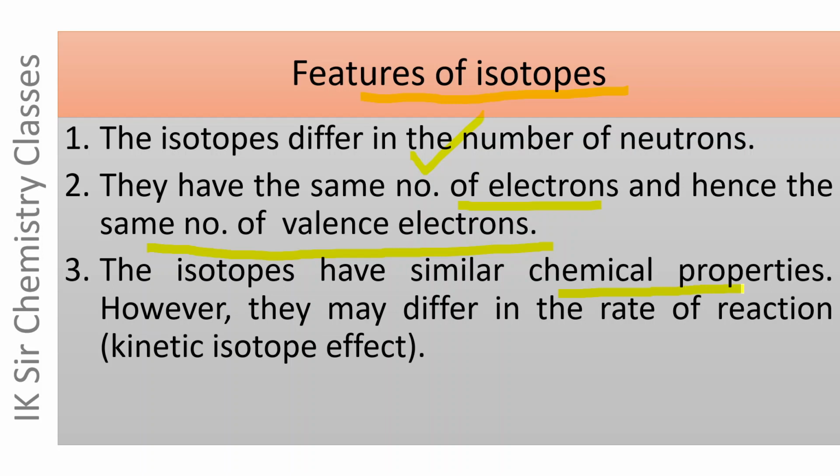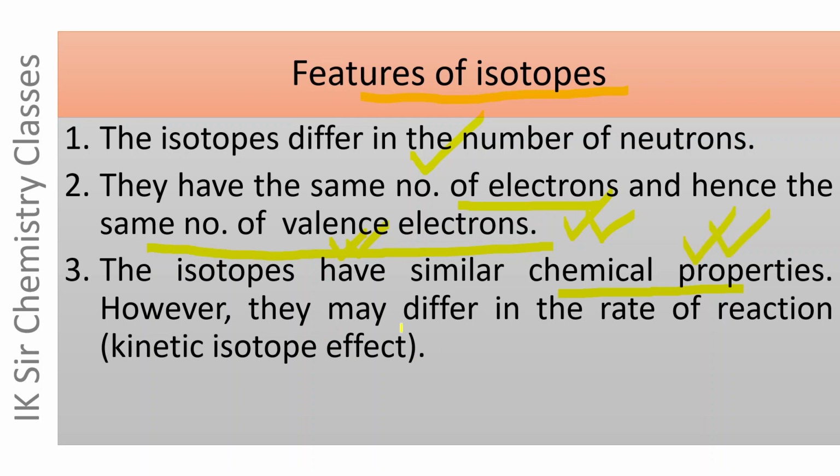The chemical properties of an element depend on the electronic configuration, that is, the number of valence electrons. Since the isotopes have the same electronic configuration and the same number of valence electrons, they have similar chemical properties.